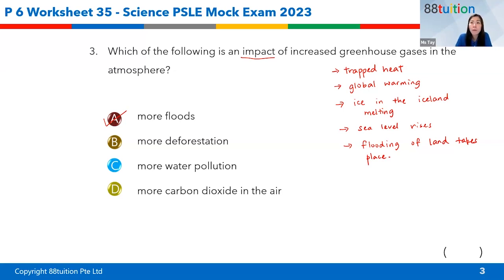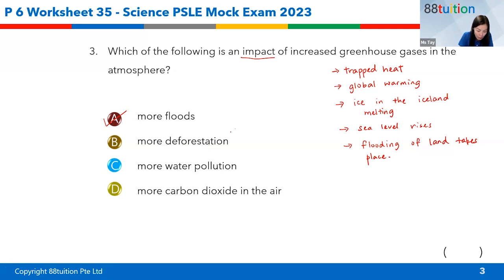Why not B for this question 3? They mark in a hall. For example, I'll come back to the marking thing in a while. I answer why this is not B. More deforestation.